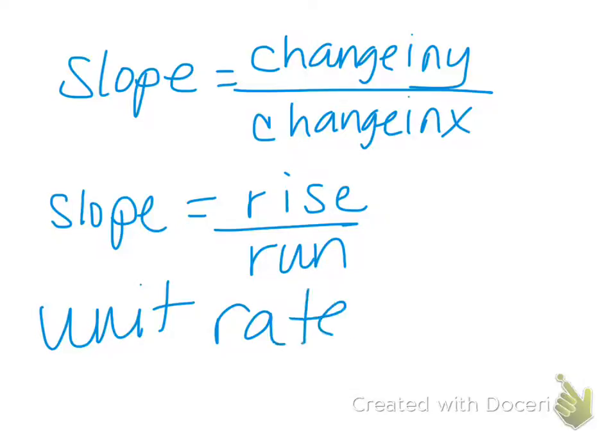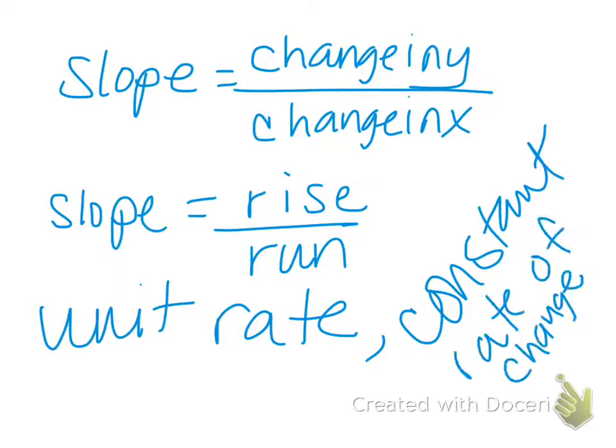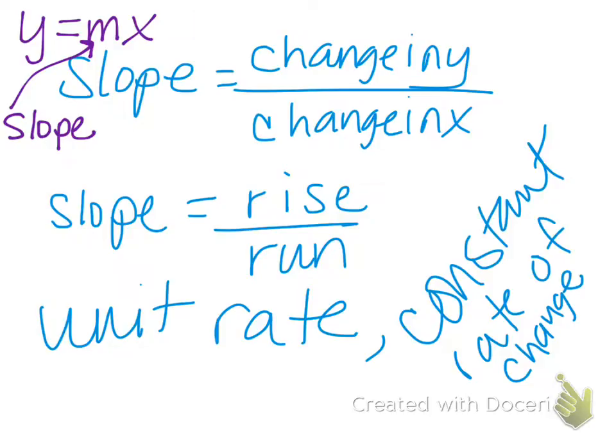It is also the constant rate of change. And the major thing is it is the m in y equals mx, going through and writing those equations. That is going to be your slope, unit rate, constant rate of change. All right, so that's what I have for you: slope, constant rate of change, y equals mx equations.